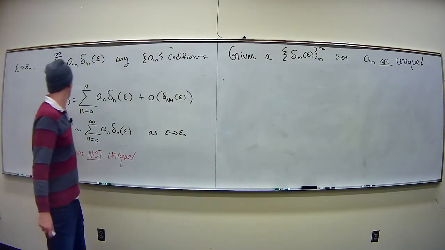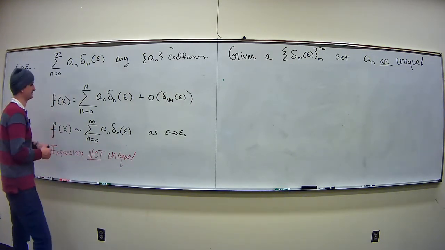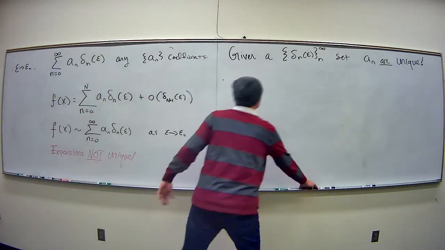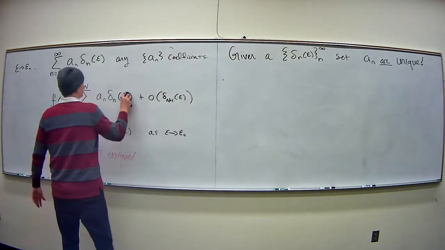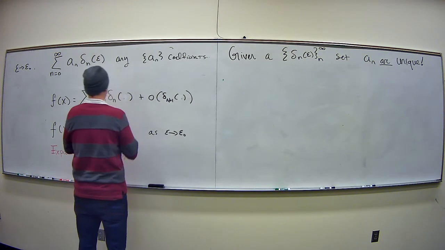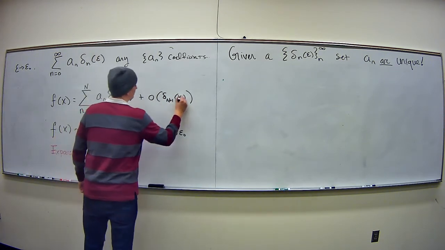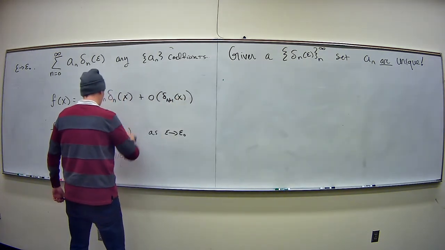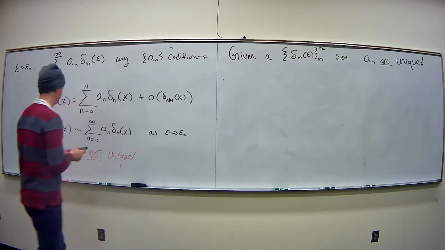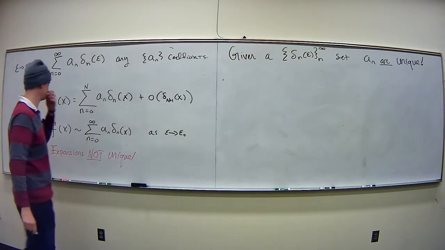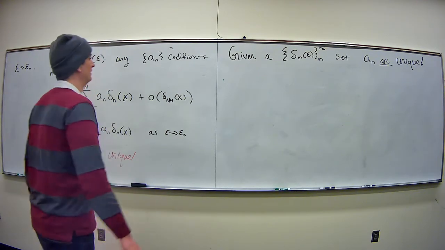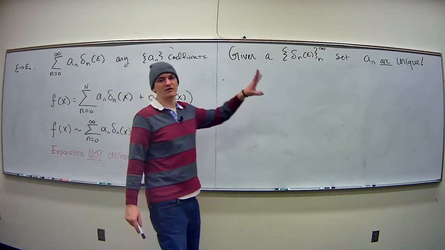And this is for one function, right? I had x's in here. Let me just use, okay, so maybe this makes more sense. Yes, so they had x's. So given some asymptotic sequence, the coefficients are then set.